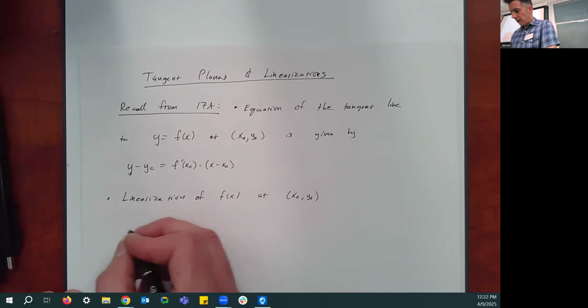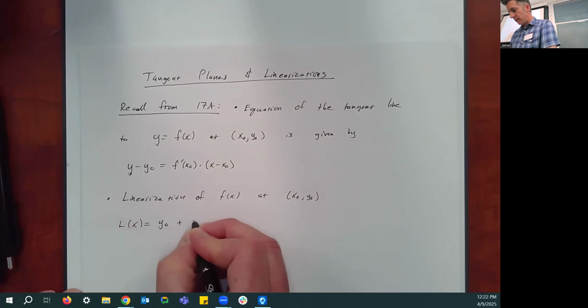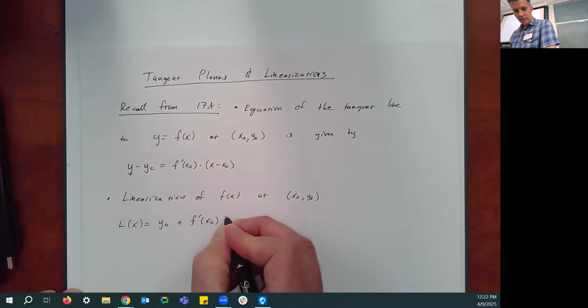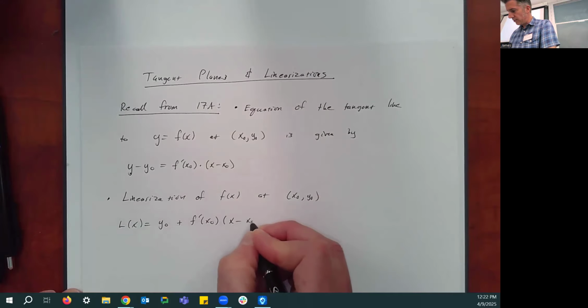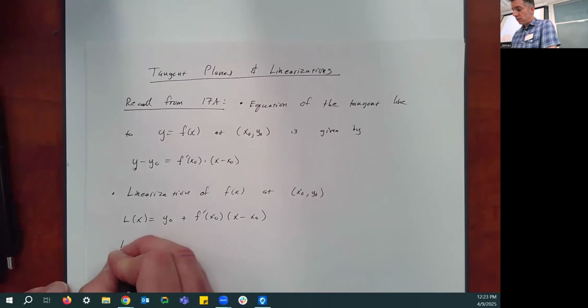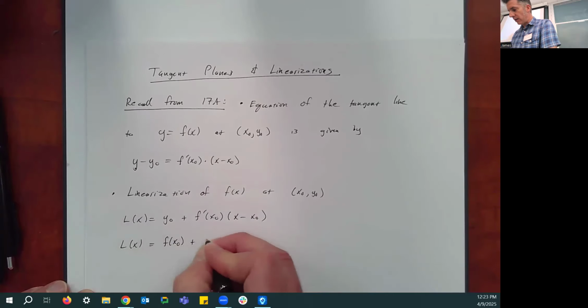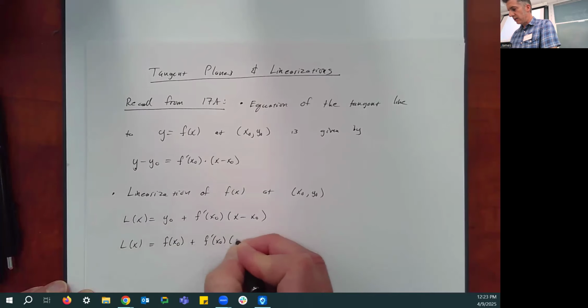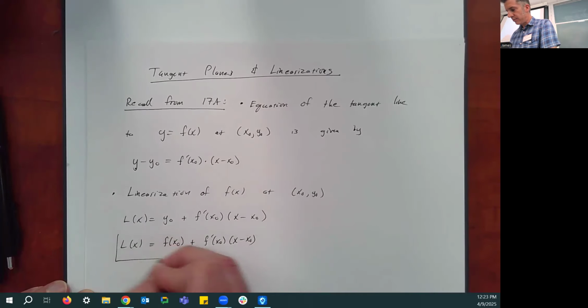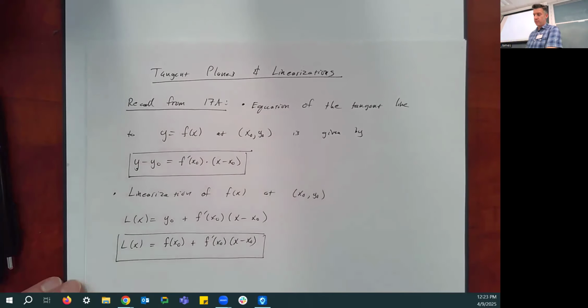So L of x is equal to y naught plus f prime of x naught times x minus x naught. Or written slightly differently, L of x is f of x naught plus f prime of x naught times x minus x naught. Again, really just the equation of a tangent line.